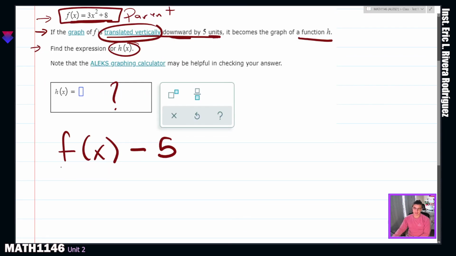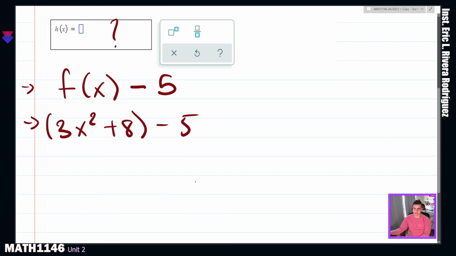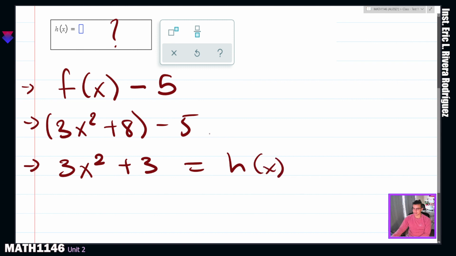Then to create the equation, we substitute f of x with 3x squared plus 8 minus 5, and then we simplify, and we got 3x squared plus 3. This is h of x, and that is what you are going to put here. Any question with this one?